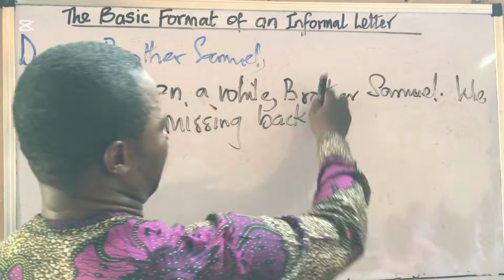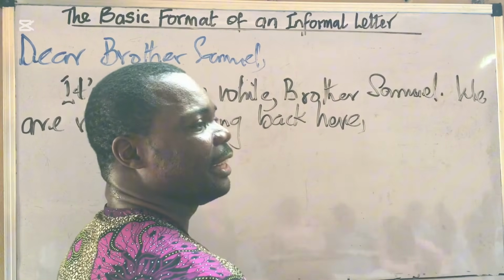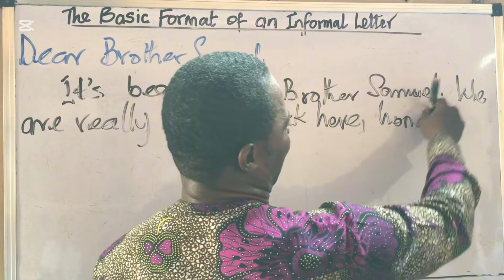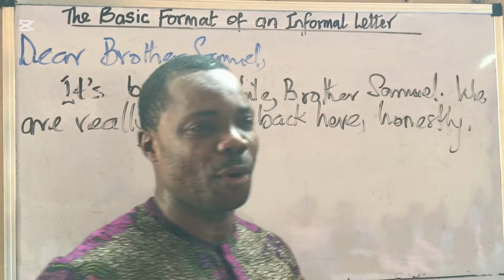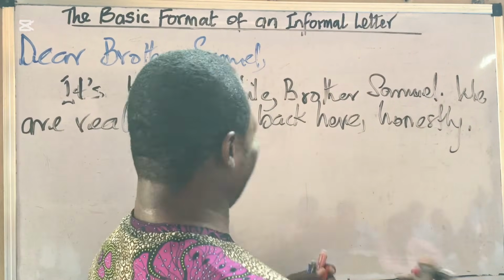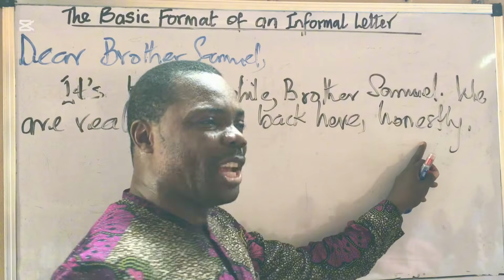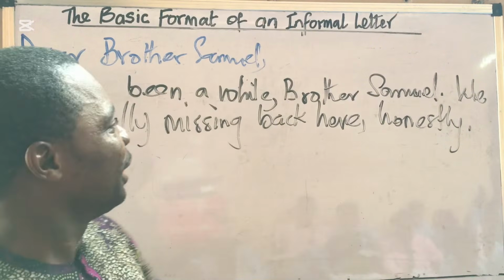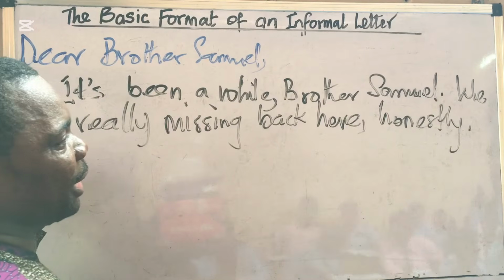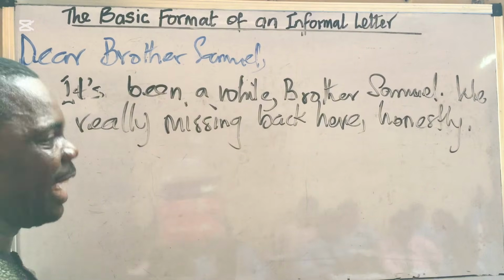We are really missing you back here. Then you want to create emphasis. Honestly, we are really missing you back here. Honestly. Full stop. So with this, it's been a while, brother Samuel. We're really missing you back here. Honestly. With this word alone, brother Samuel is going to really feel the emotion.